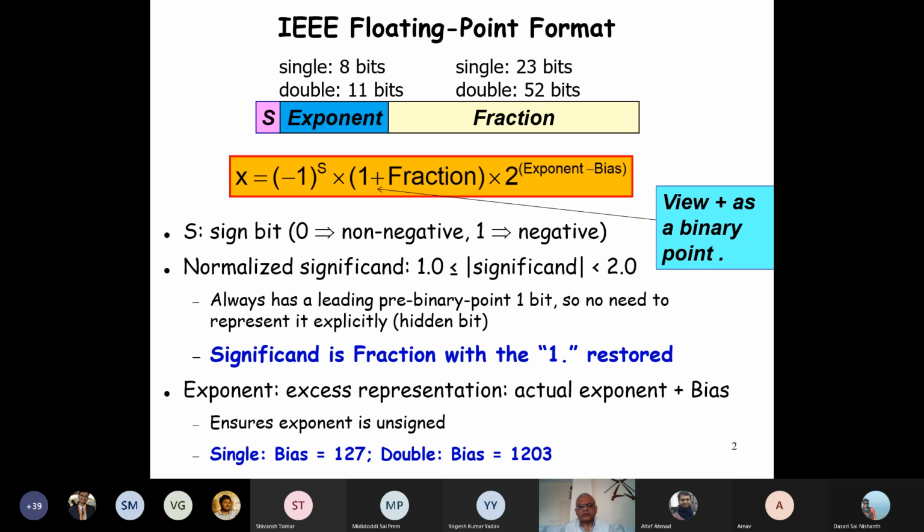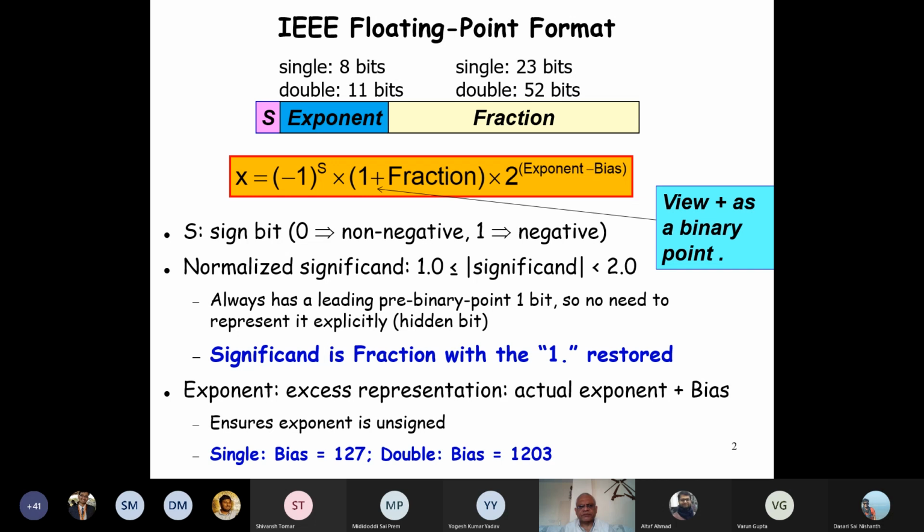So how does it help? We just take the actual exponent and add the bias to that. It makes all the exponent representations positive. That is obvious. But then how does it help? Why did they introduce this bias?